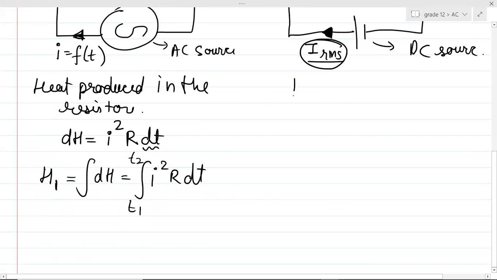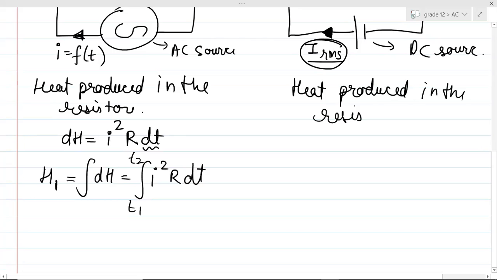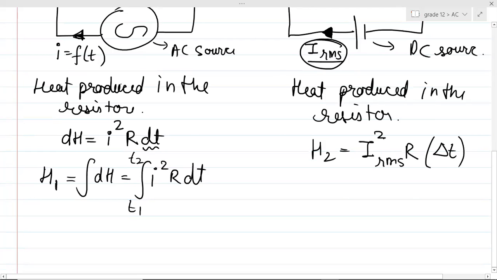The same amount of heat shall be produced in this DC circuit as well. In this case, the heat produced in the resistor will be given by H2, let's say, and that will be equal to I square RMS into R into the time interval, delta T. So can you see that value of DC current for which the same heat is produced in both the circuits?